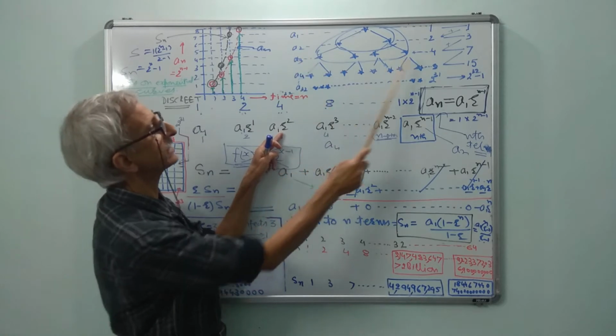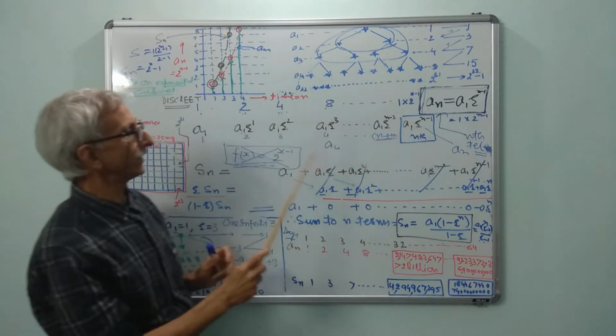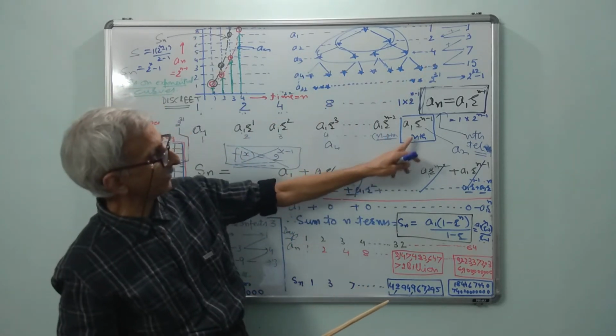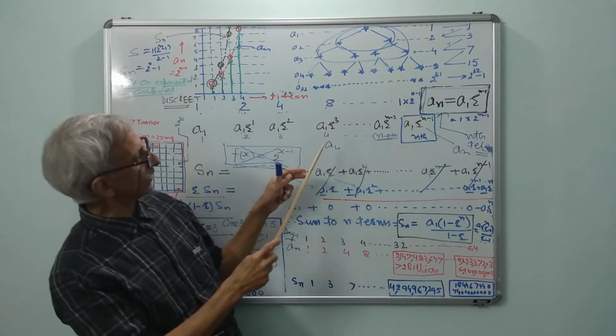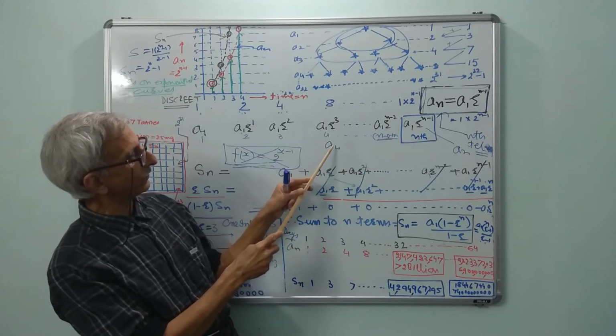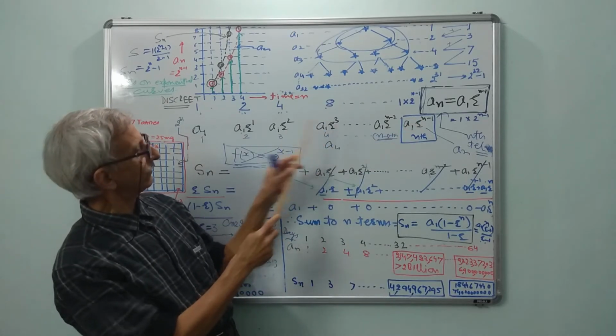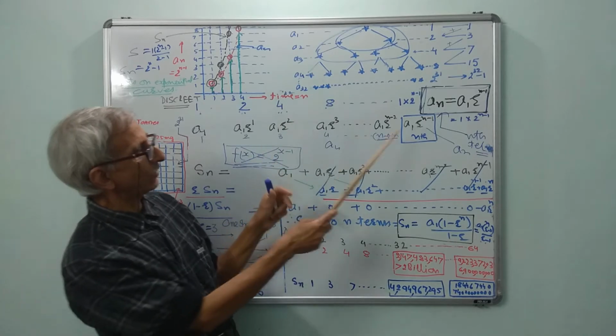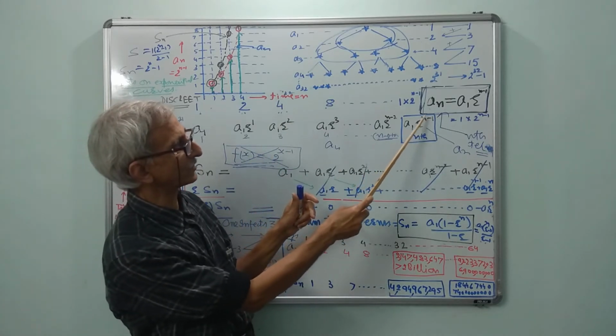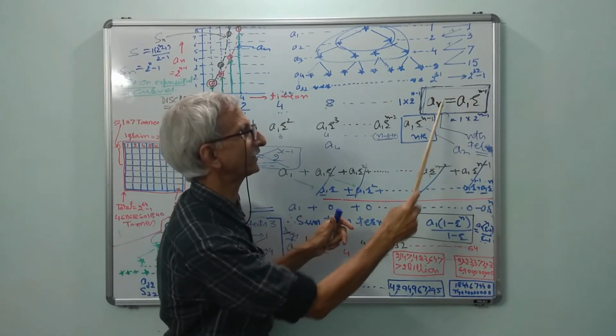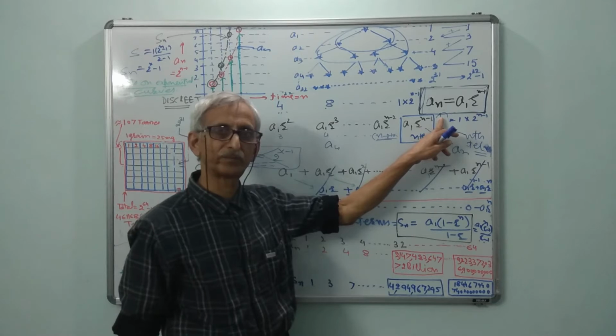So the third term is 4. In this way, the nth term will be this. How? Because of the pattern: for the 4th term the power is 3, for the 3rd term it is 2. So for the nth term it is n minus 1. So I get the formula for the nth term of a GP.